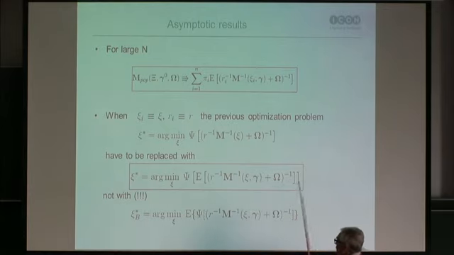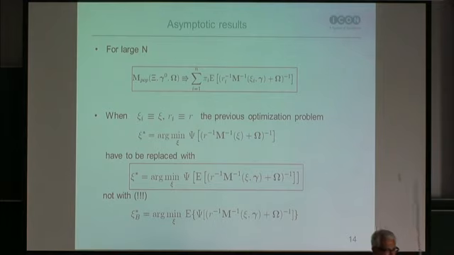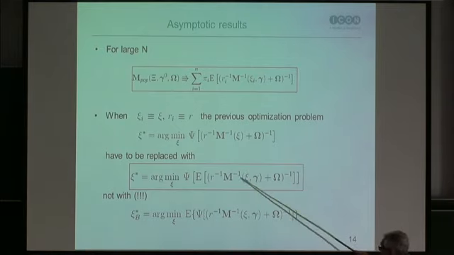When you take the expectation of M, then a singular information matrix may become non-singular. And that can cause a lot of problems when you build an optimal design. Here it's not the case. You have to take the expectation of that, and when it is singular the expectation will not be a very good object to work with.